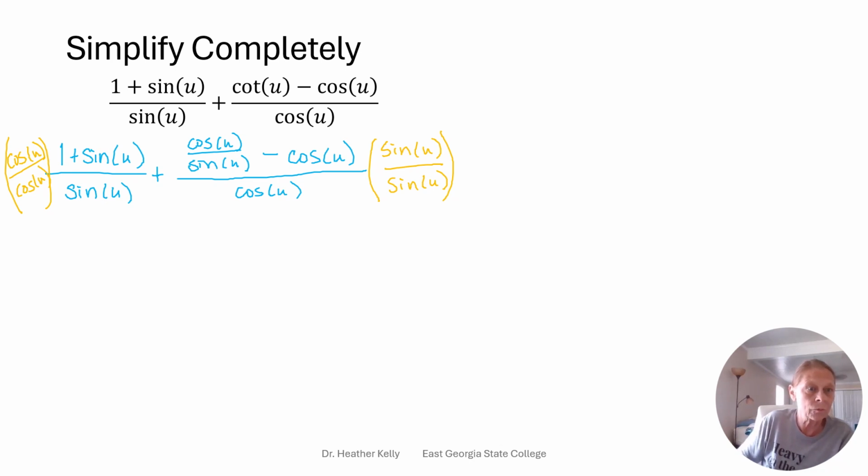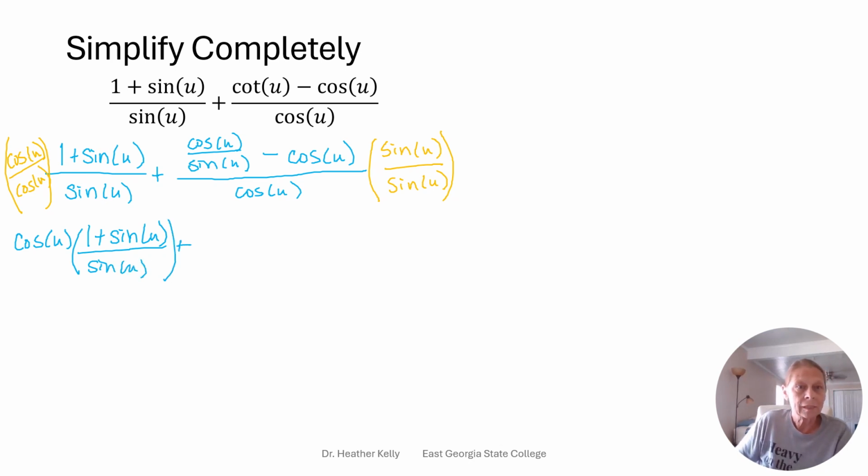So I'm going to write this. I'm going to have cosine u times this one plus sine u over sine u plus, ooh, it's getting messy in here. Now let's put this guy up here on the top together. This is cosine u over 1, so this guy needs to be multiplied by a sine u over a sine u, and this guy just needs to be multiplied by a 1 over 1.